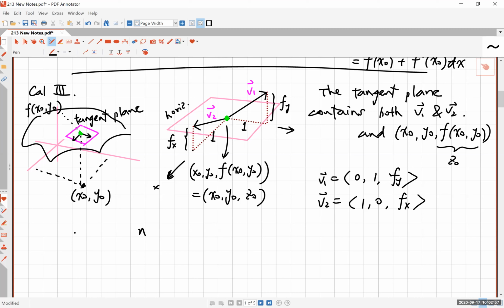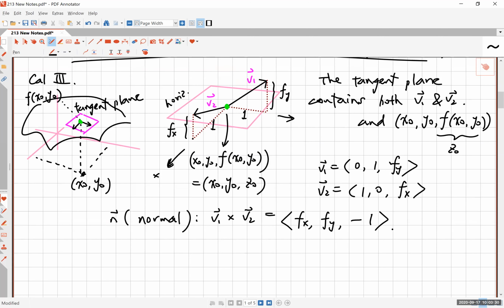All right, so we get the normal vector to this tangent plane, which is simply V1 cross V2, right? Let's call this n. And that is equal to, notice here, fx. And then what's the second component? It'll be 0 minus fy, but then remember you have the negative, so it's negative, negative fy. So this is simply fy evaluated, of course, at that point. And then the last one is going to be not 1, but negative 1.